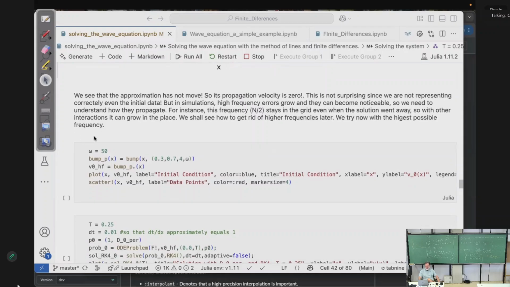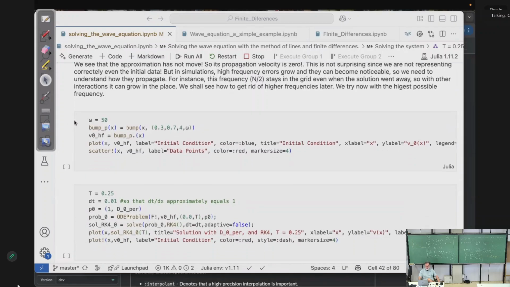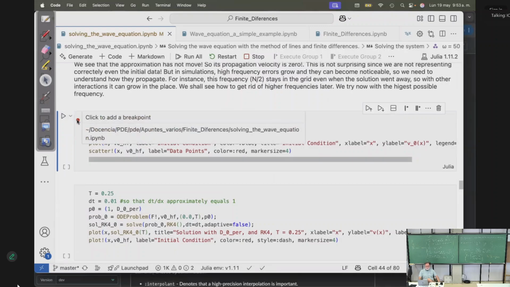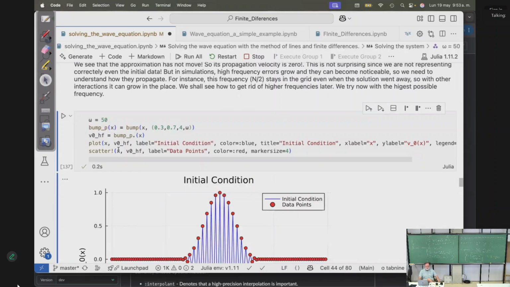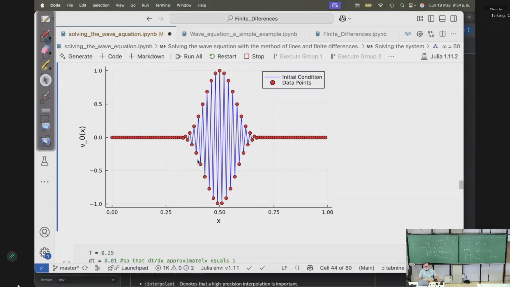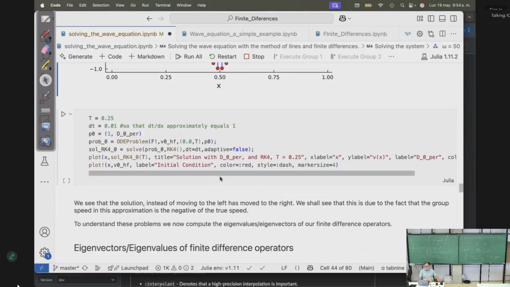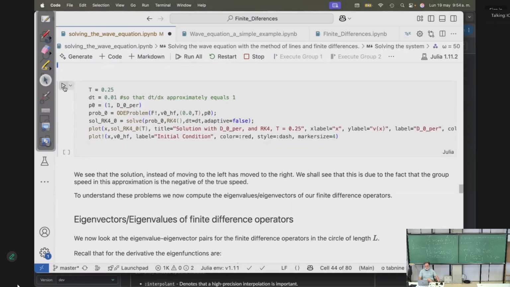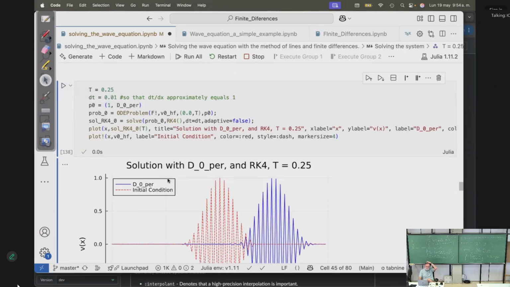Now we can double the frequency and go to omega equal to 50. So this is the initial data. It follows the line, but in one point it is positive and the other is negative, and we also evolve for 1/4 of a period, and now we get this.